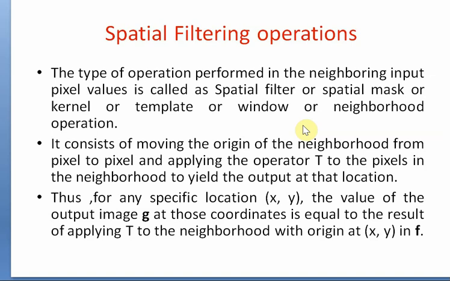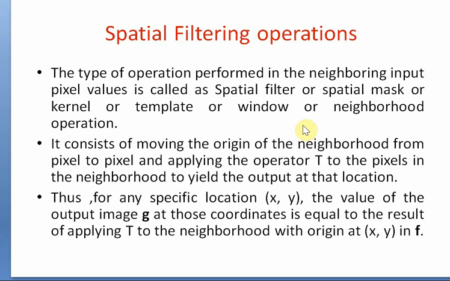Now a spatial filtering operation or neighborhood operation is where we apply a certain operation at a particular location in the input image, but that operation involves the neighbor pixels of the particular location x comma y.